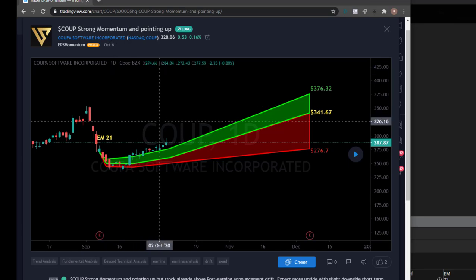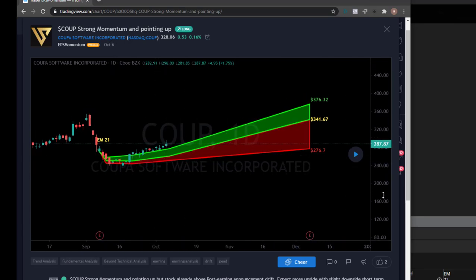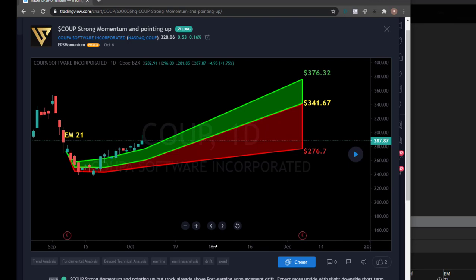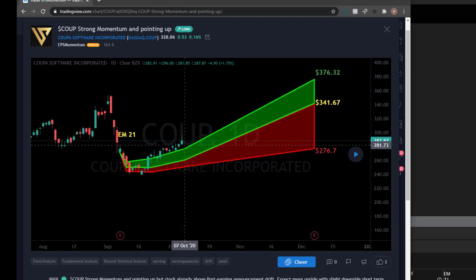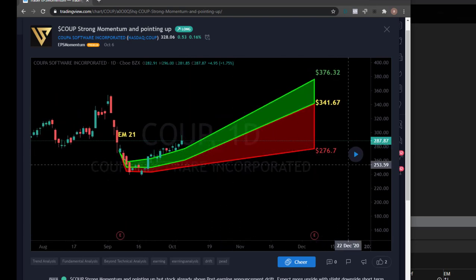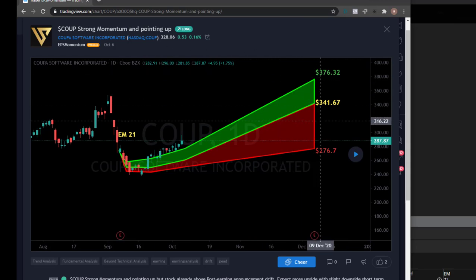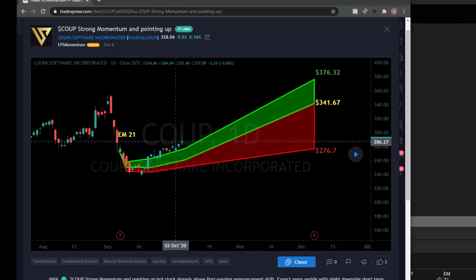What we do is we post the actual cone that is predicting the price for Coupa. And the nice thing is, as the days passed, the 7th, the 8th, the 10th, and so on, we're now at the end of November. So you have this little play button where you can play all of the new bars that are going into the cone.